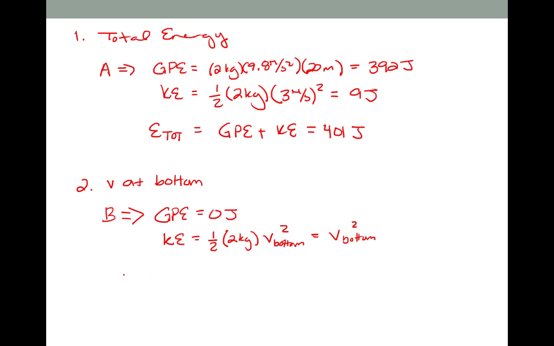Energy has to be conserved, so the total energy has to equal the kinetic energy, which gives us that 401 joules equals V bottom squared.